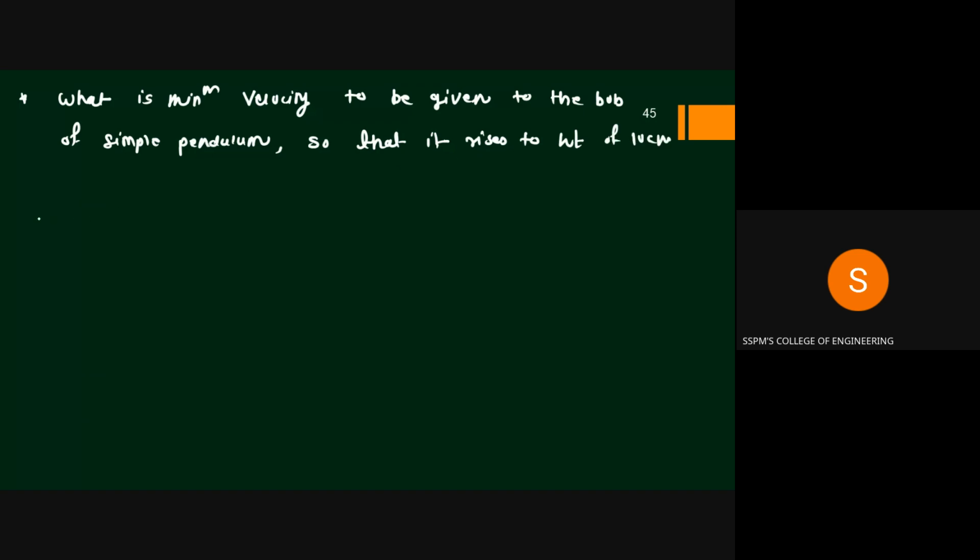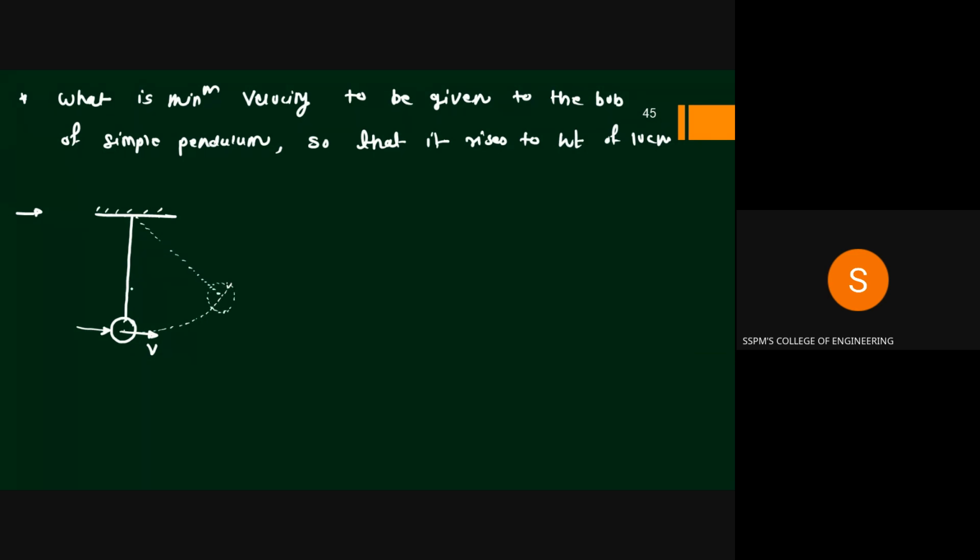Okay. So the physical condition is, there is a simple pendulum like this. To the simple pendulum, there is some velocity given in this direction. So this is the v. Because of this velocity, it will swing like this, and it will reach a certain height.